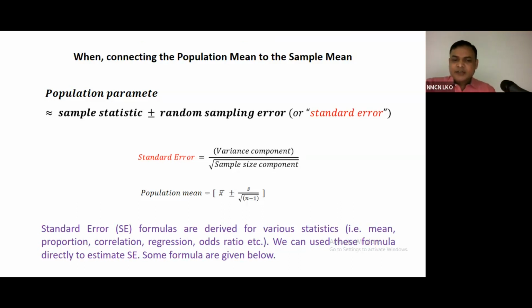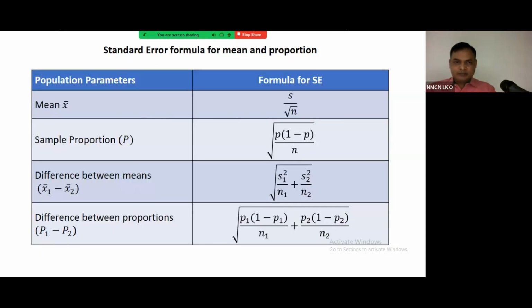So standard error formulas are derived for various statistics like mean, proportion, correlation, regression, odds ratio, etc. And we can use these formulas directly to estimate a standard error. Some formulas we have mentioned here. This is the standard error formula for mean and proportion.